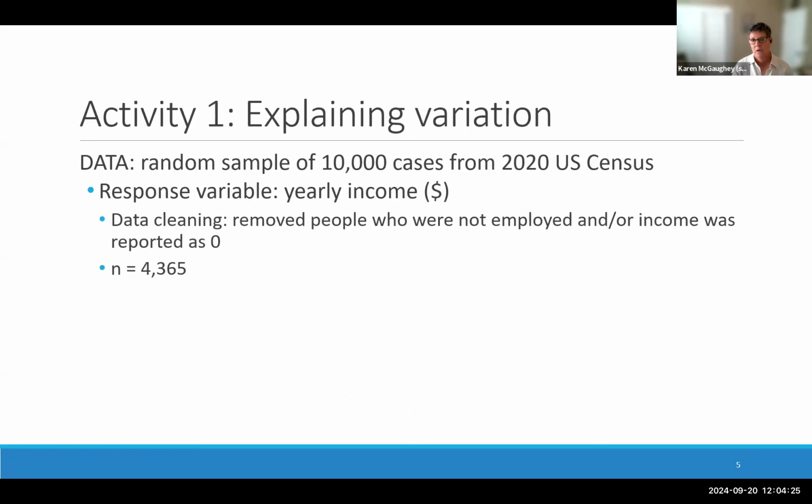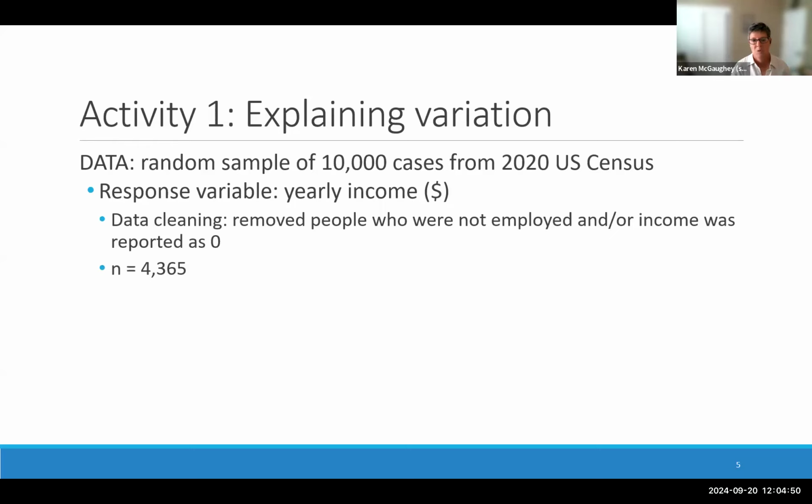So activity 1, again, uses data from a random sample of 10,000 cases from the 2020 US Census. The response variable that we're going to look at is yearly income. I've done some data cleaning. I've removed people who were not employed and or had an income reported as 0 or NA.